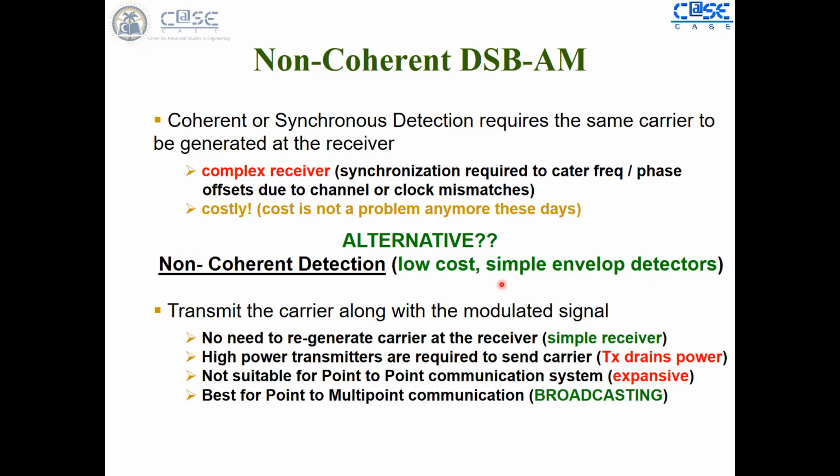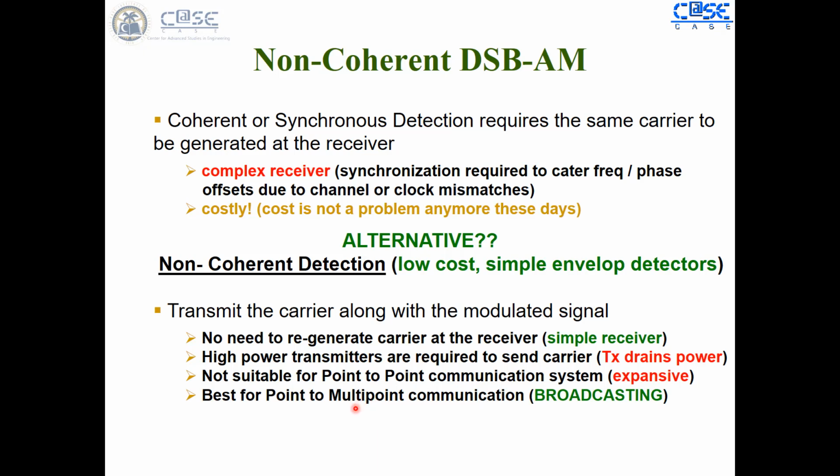For this particular application, and of course this is a very widely used application, such as in radios, you go for a broadcasting scenario in which there is only one transmitter and several receivers, or in other words several recipients are there to decode that message signal.